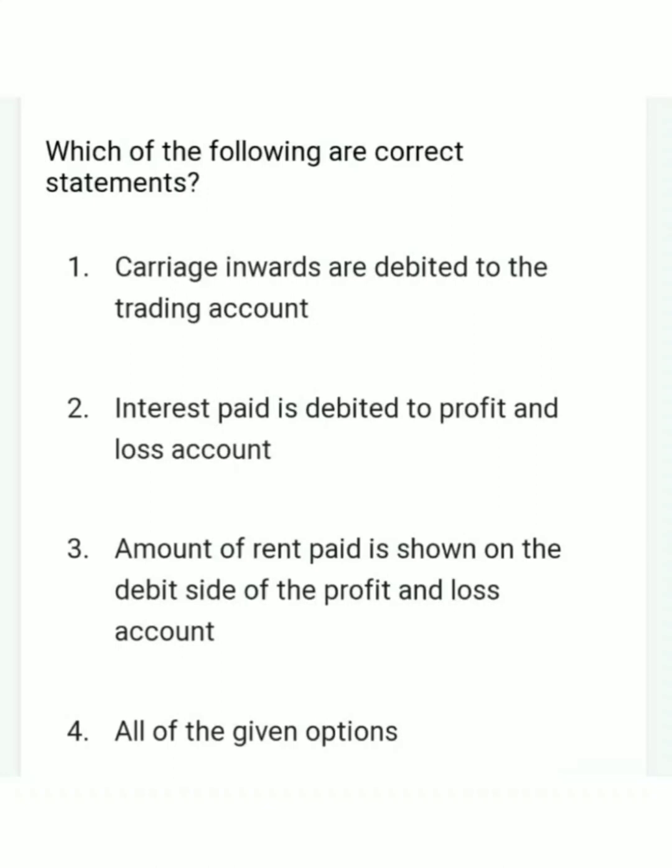Rent paid is also an expense which is not related to trading or manufacturing, so it appears in the P&L account only. So this statement is also correct. So the fourth option, all of the above, is the correct one.